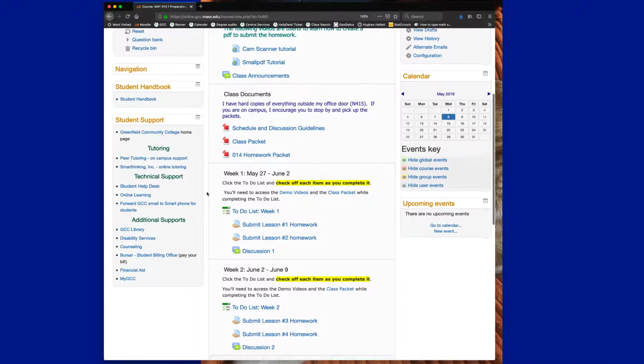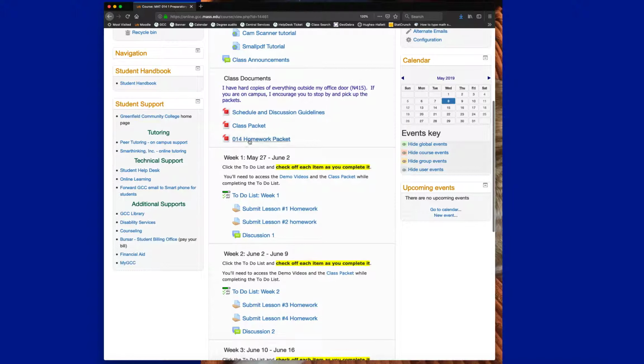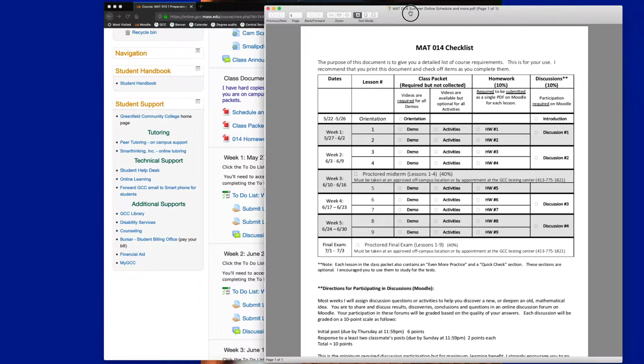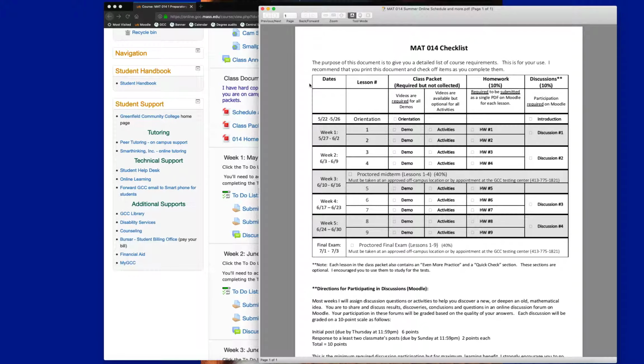So coming down here, I want to go through some of our class documents. The first one, the schedule and discussion guidelines, if you click on this, it will open this document here, which is just for you to keep track of everything. It's all laid out by the weeks that our class meets.